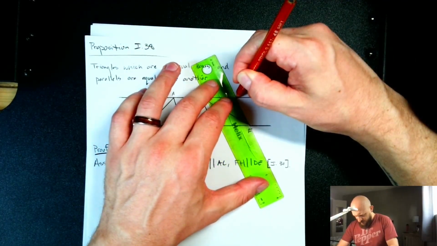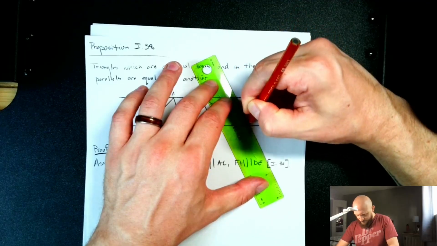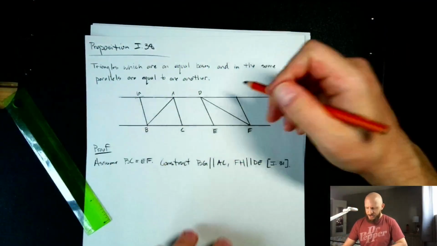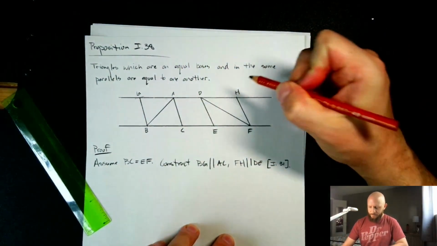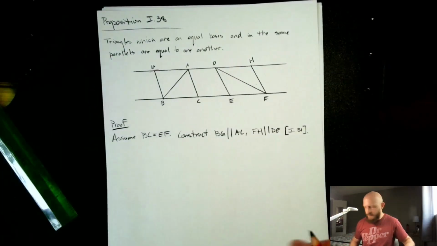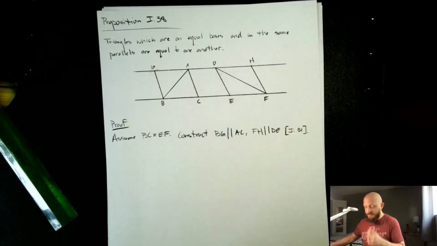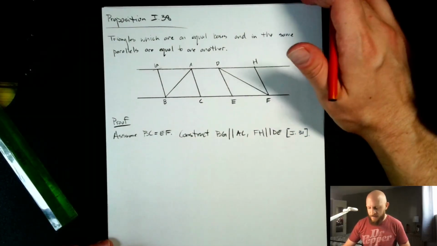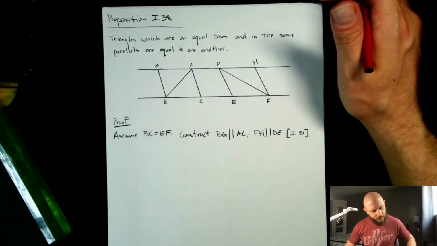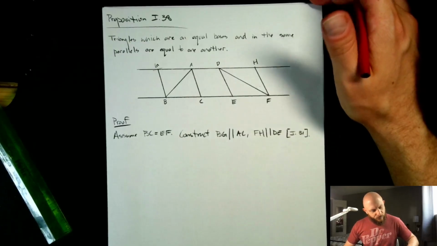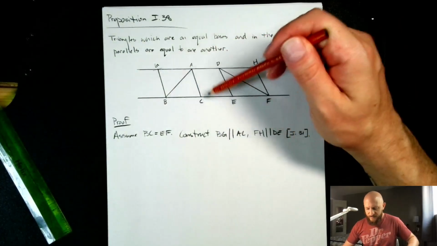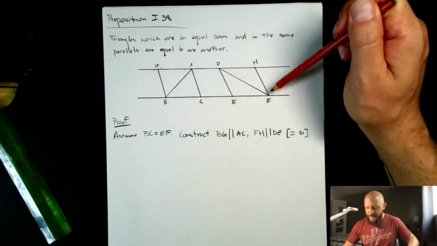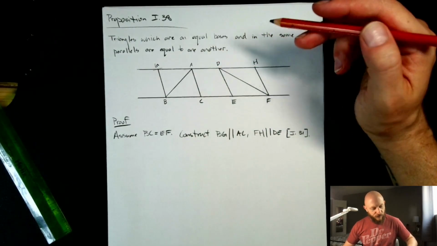Keep things fresh. Alright, so there's H. So we've made our two parallelograms. Probably you can take it from here if you wanted to. Right, so we just formed GBCA and DEFH, which are both parallelograms.